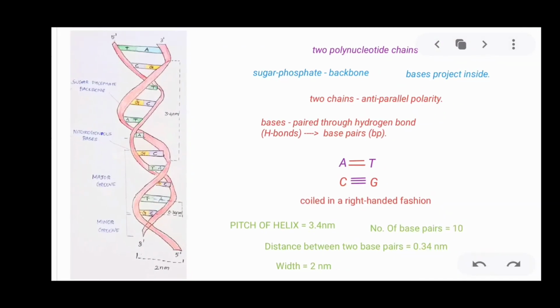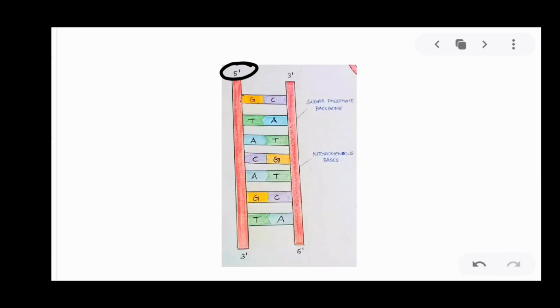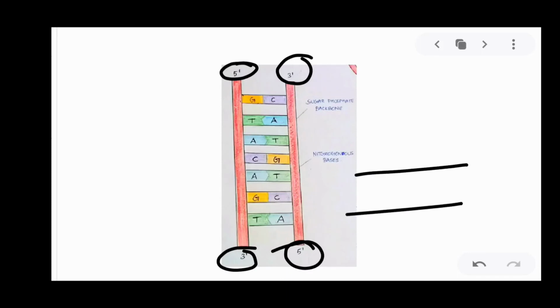The simple meaning is that both strands are anti-parallel to each other. If this is the 5' side and this is the 3' side, then this should be 5' and this should be 3' in order to call it parallel, because two lines are called parallel only when they have the same characteristics.